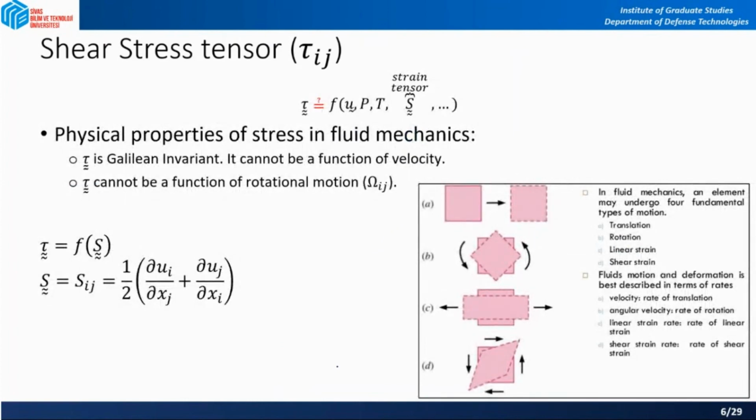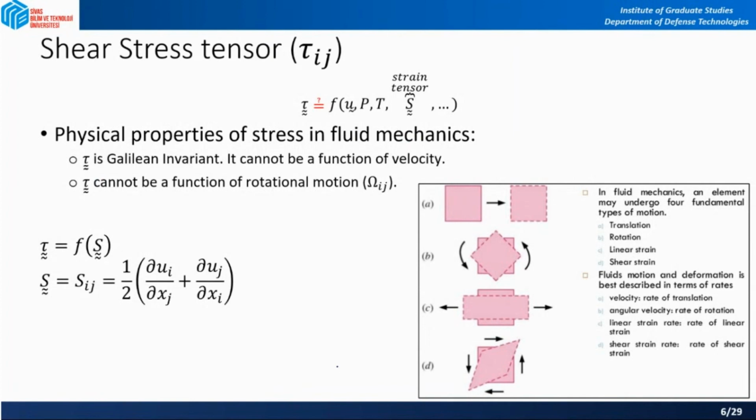There are certain physical properties that restrict some of these parameters. For example, first of all, tau cannot be a function of mean velocity. The reason is a general physical principle which states that forces cannot be a function of velocity.